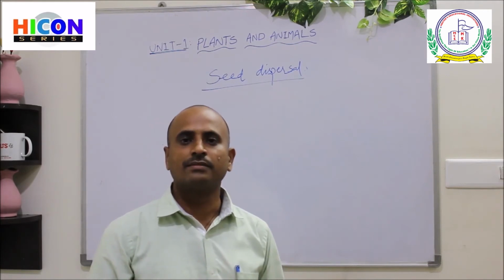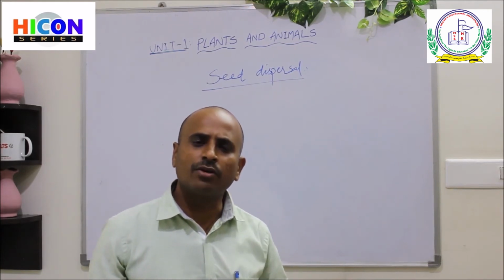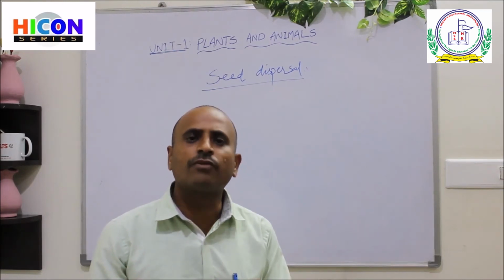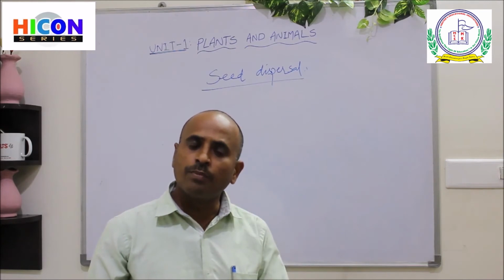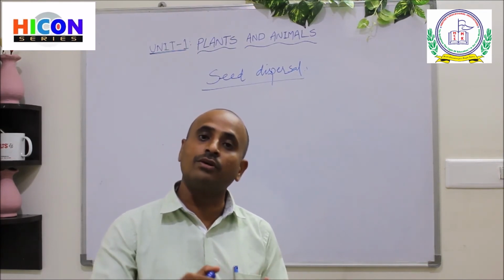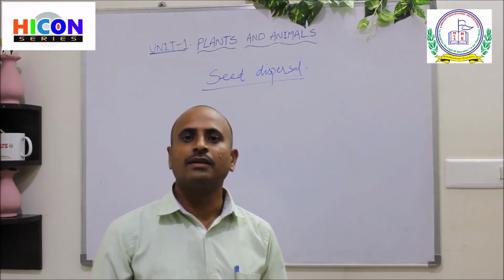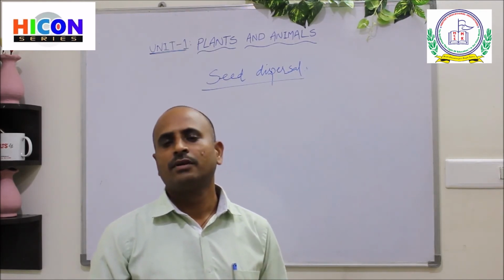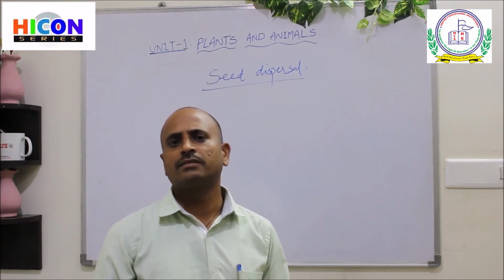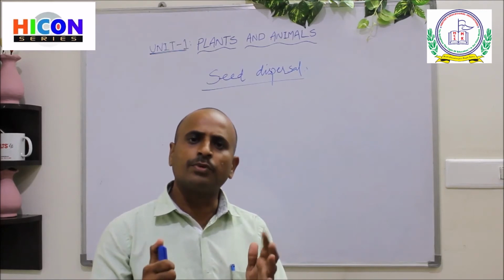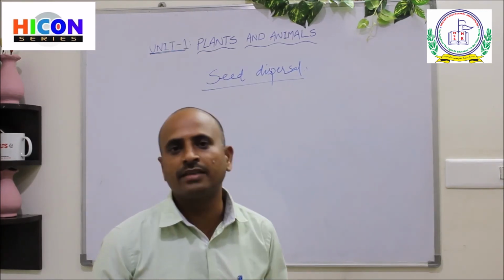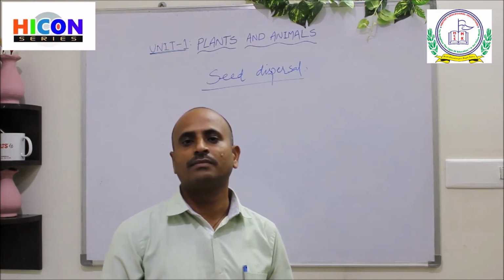Because of crowding, the plants will not grow properly and healthily, and there will be competition among those plants for light, air and water. So this does not actually take place in nature. All the seeds produced by the plant do not grow at the mother plant.